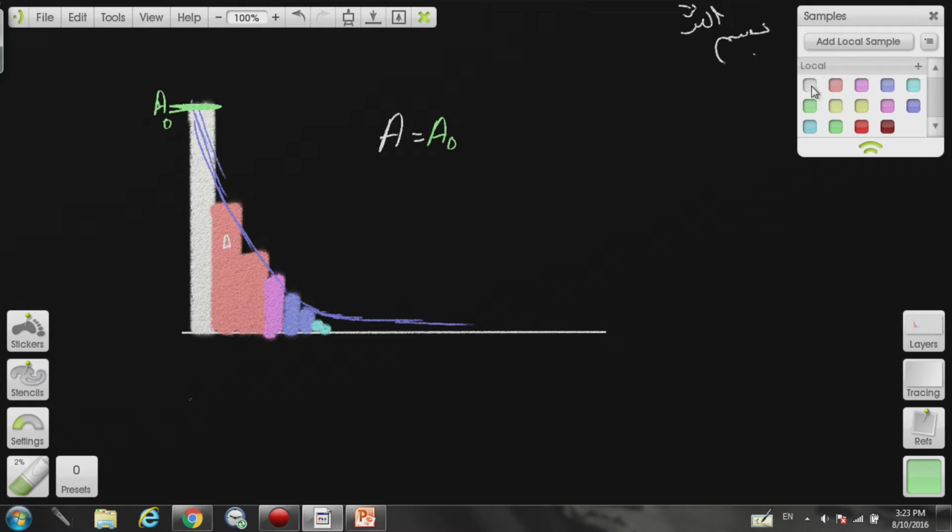So the amount of stuff remaining at any given time depends on the initial amount times 1/2 to the exponent of time over the half-life of a substance. I'm just going to use a substance as an example, just making it up.